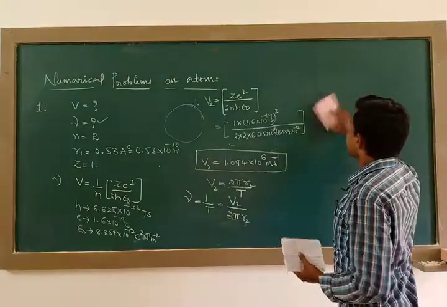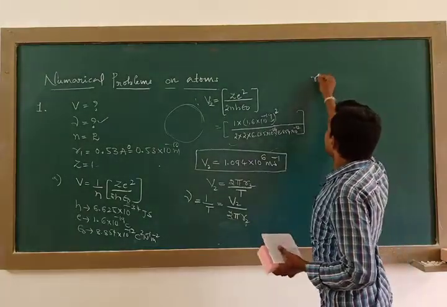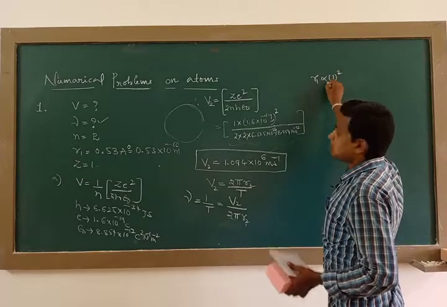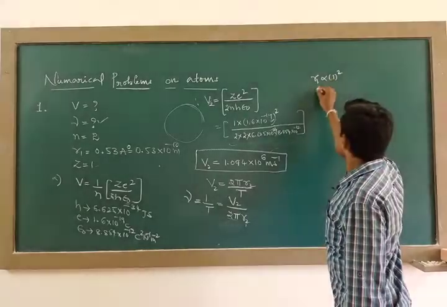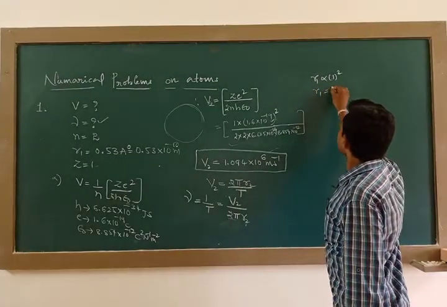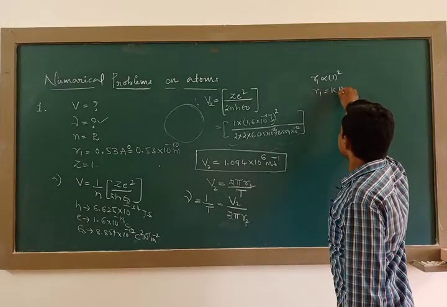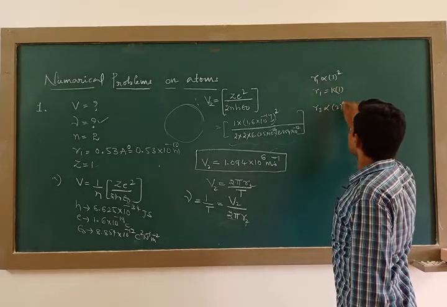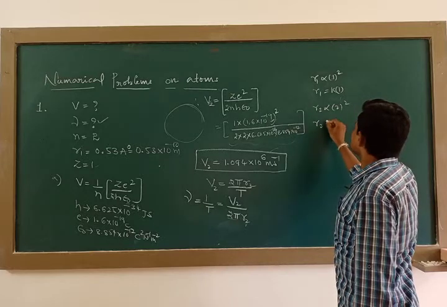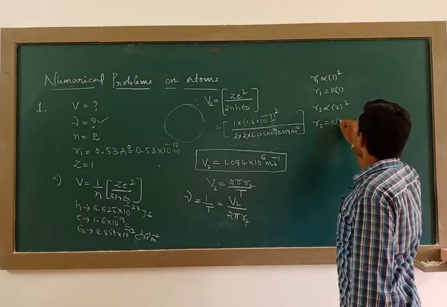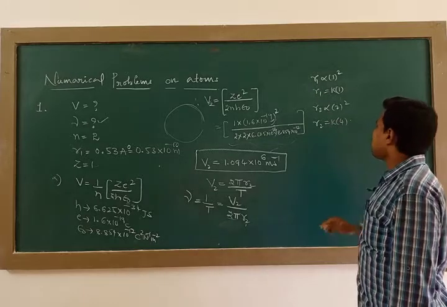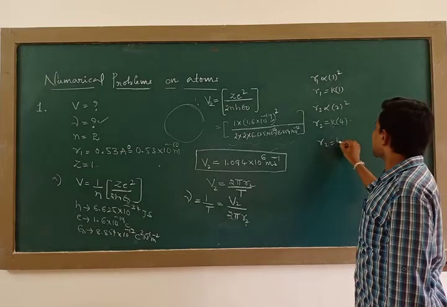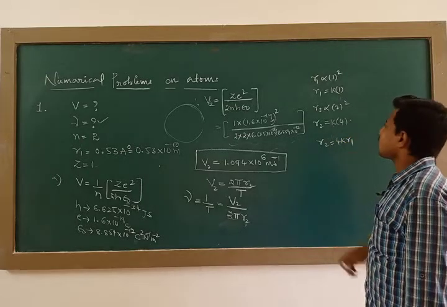See here, you know that r1 is proportional to 1 square, by some constant factor. So r1 is equal to K times 1. Say r2 is proportional to 2 square, so r2 is K into 4, that is 4 times r1.